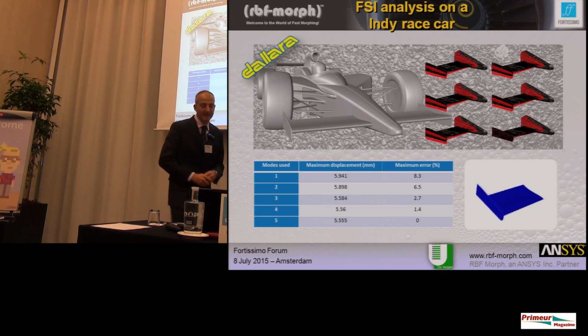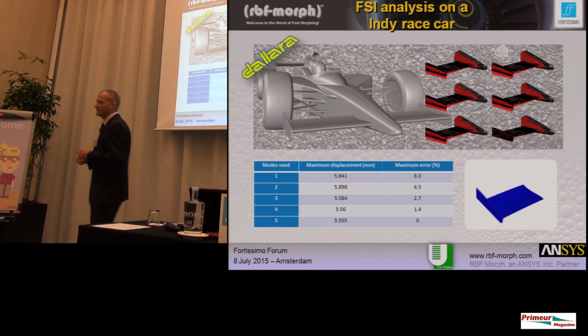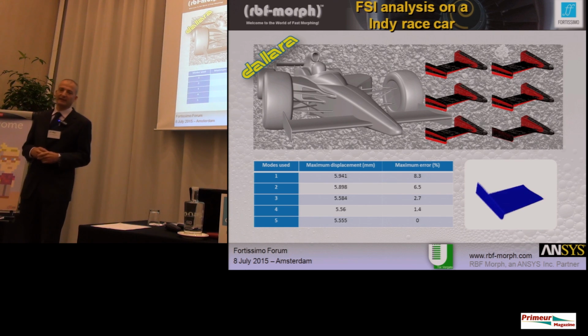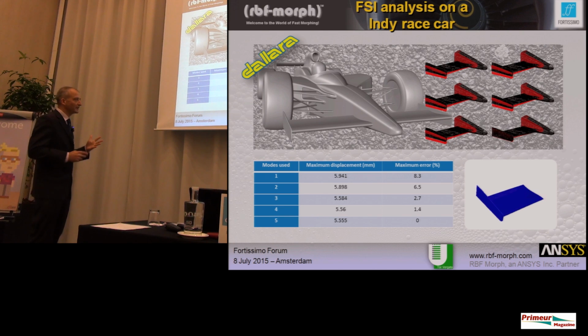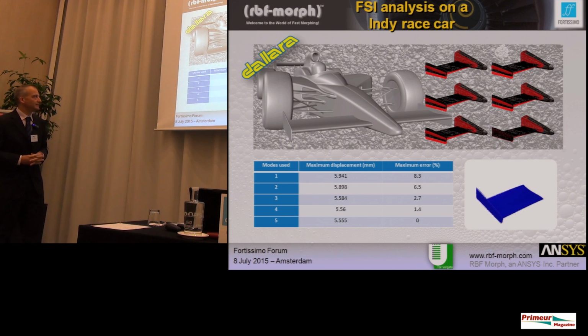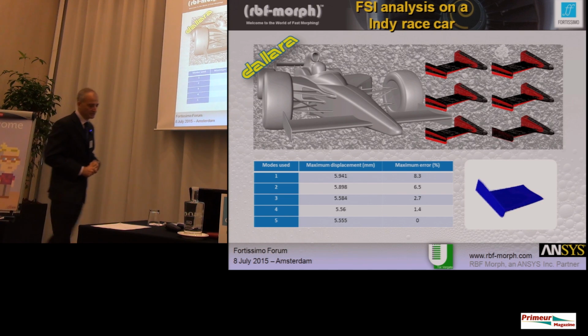And I also have some examples showing how this radial basis function technology and mesh morphing technology can be used for multiphysics applications. This is a motorsport application with the LARA. This is an aeroelastic analysis of the front wing using a modal superposition.